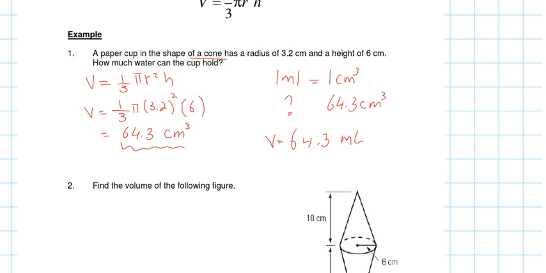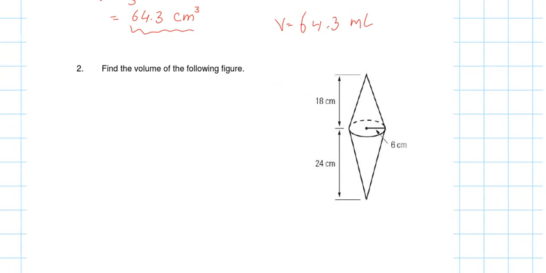Find the volume of the following figure. So what do I have here? 2 cones, right? In order to find the volume of the whole figure, what do I need to do?